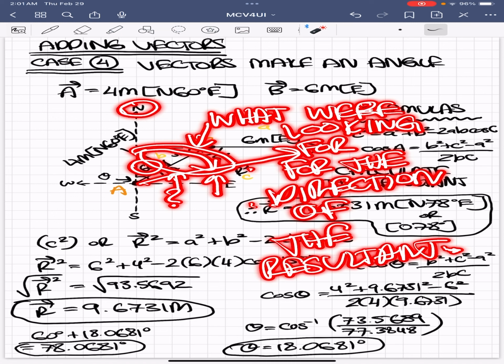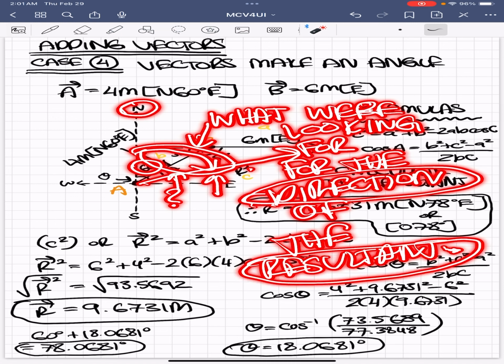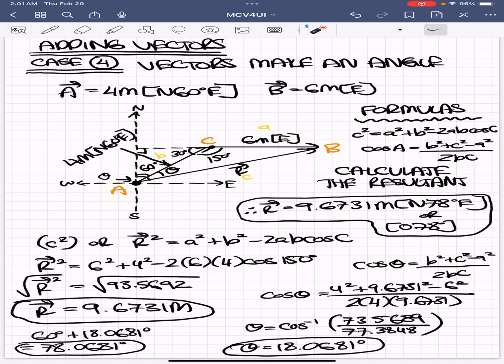So that's what we're looking for when we talk about the direction of the resultant. And again, I think it's going to be somewhere in the northeast area, hopefully. Okay.